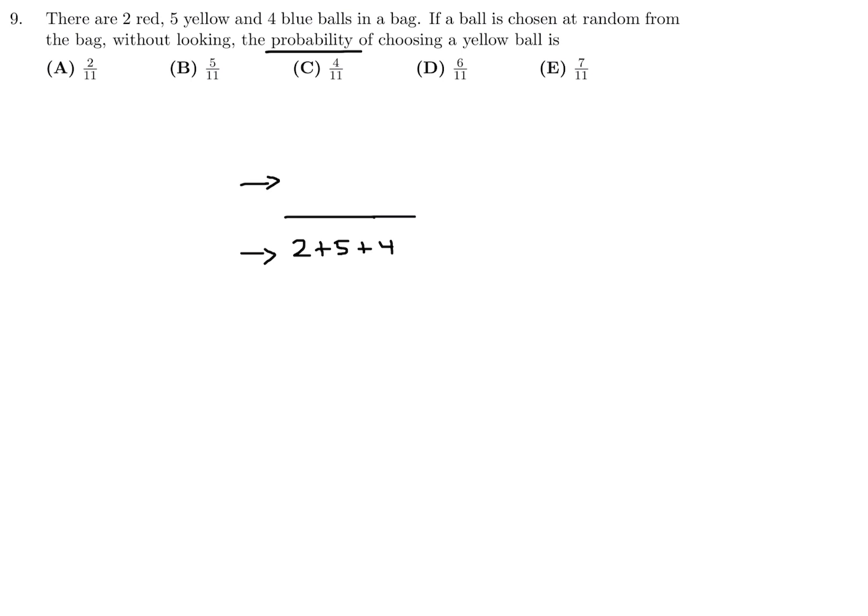The numerator is going to be what the specific condition is, and in our case, choosing a yellow ball. Well, there's 5 of them, and therefore that is the probability. 5 over, and the bottom is going to add up to 11. So number 9, the answer is B.